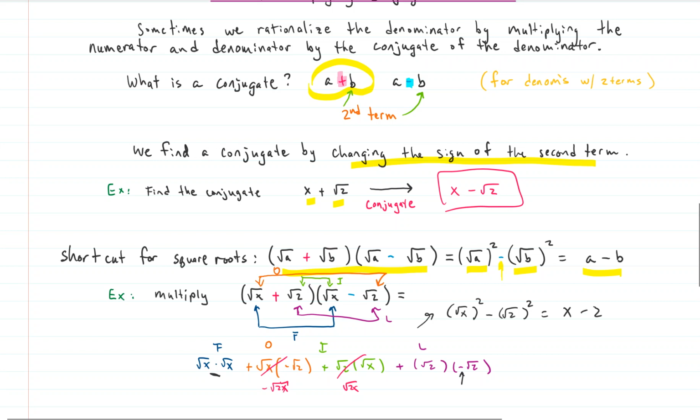And we get x minus 2, which is exactly what we said we were going to get in our formula. And notice we no longer have radicals. We started with a bunch of radicals, in each of these terms we had a radical, and we ended with no radicals. So we like rationalizing this way because it gets rid of all the radicals.